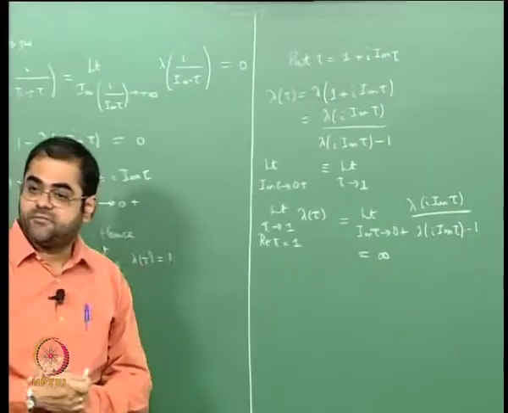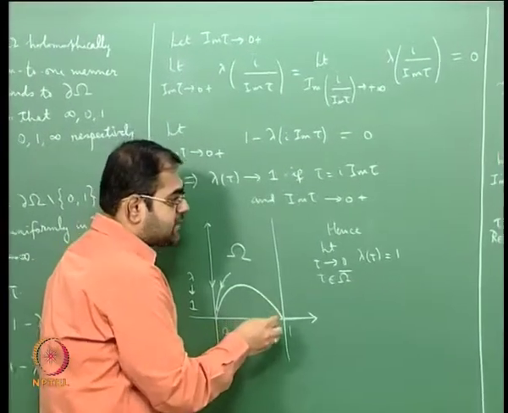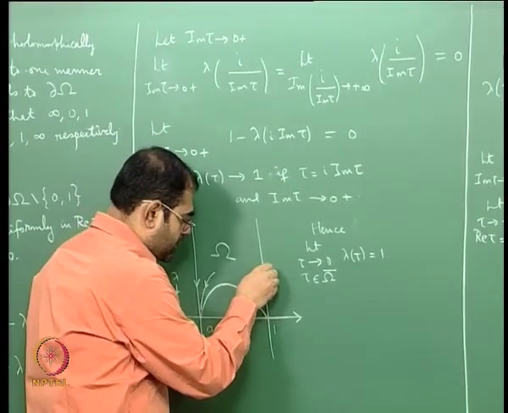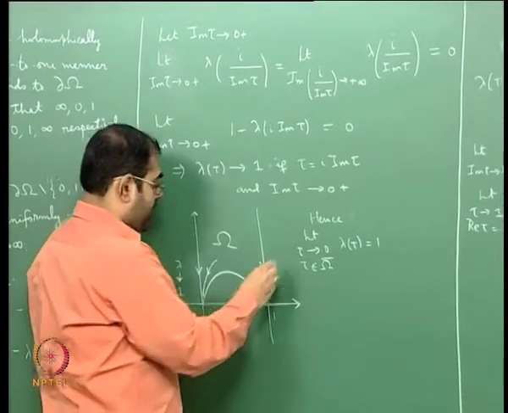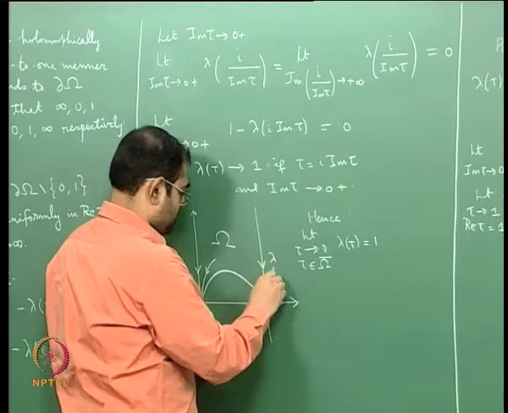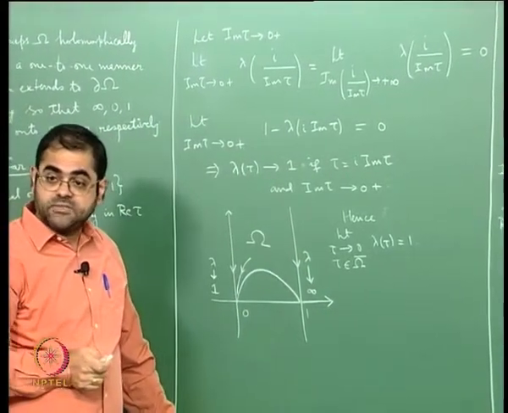That will be the point at infinity. Therefore this argument tells you that as I approach 1 along this line, lambda approaches the value infinity.